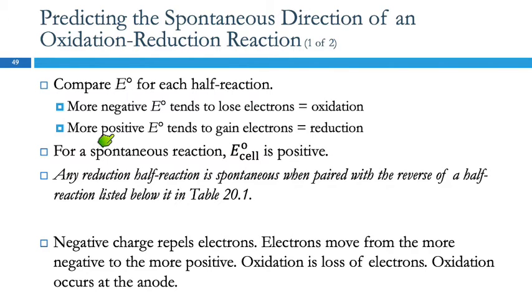The one that's more positive tends to gain electrons, attracts electrons to the positive side. That's the reduction. So this is one thing that we do have to remember. For spontaneous reaction, the cell potential is positive.